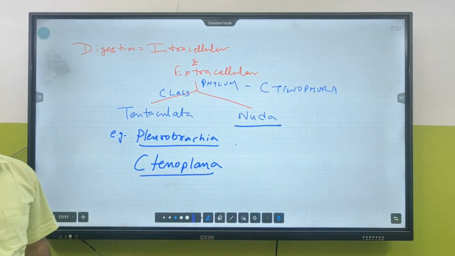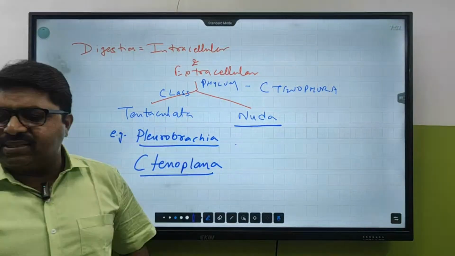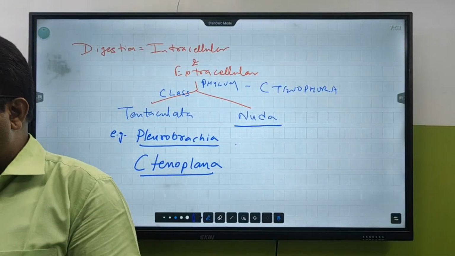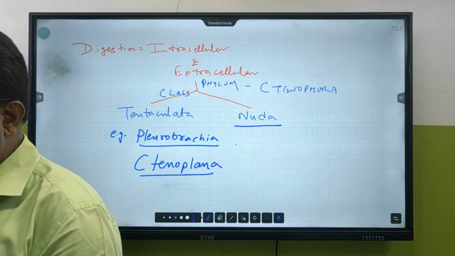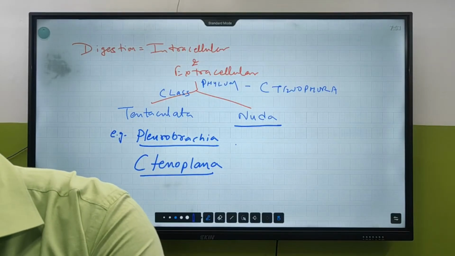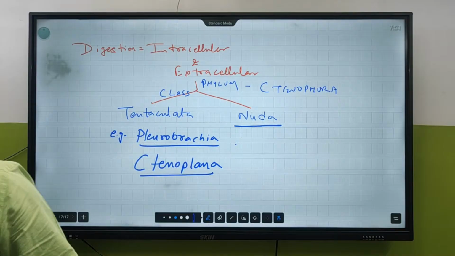What about Nuda? A special point about Tentaculata: they have got tentacles. Ata means bearing. Bearing what? Tentacles. Nuda, they have no tentacles.